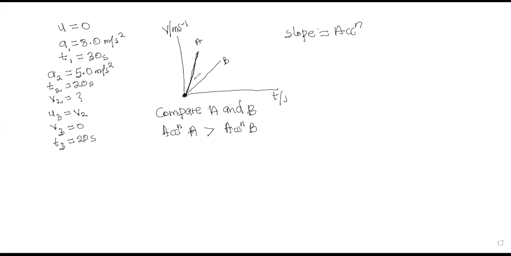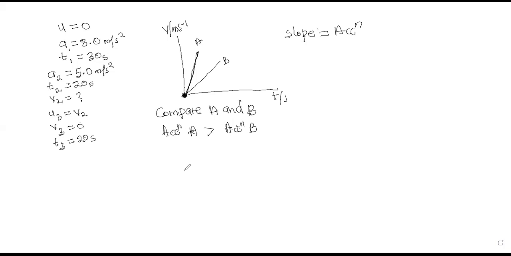If I ask you to climb A, it will be more difficult than climbing B because A is steeper than B. So when they are starting from the same point, it's true the acceleration of A will be greater than the acceleration of B. Is that okay?